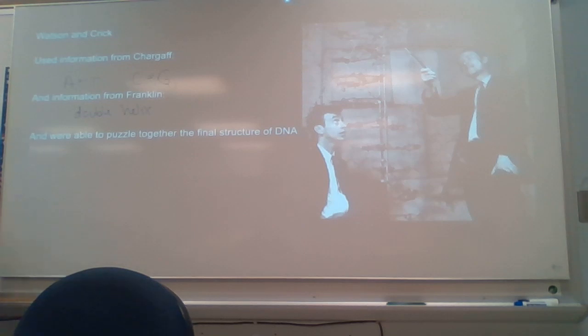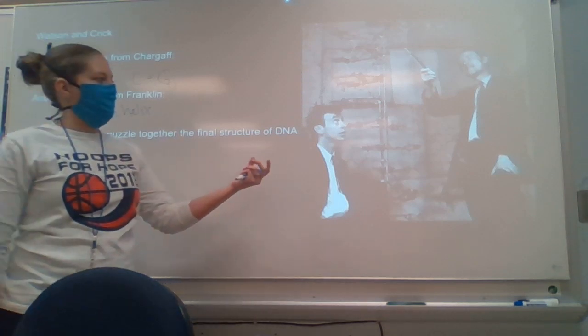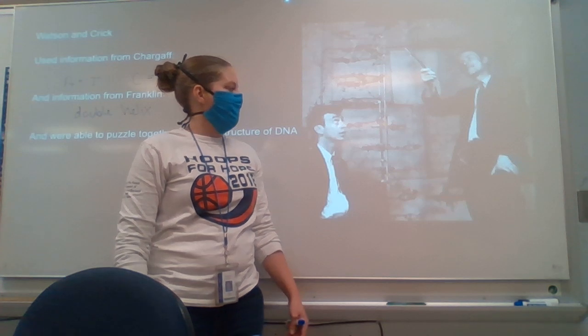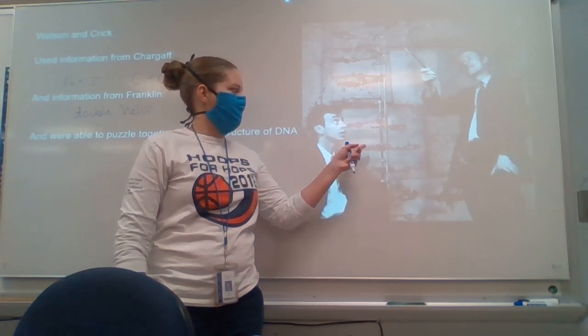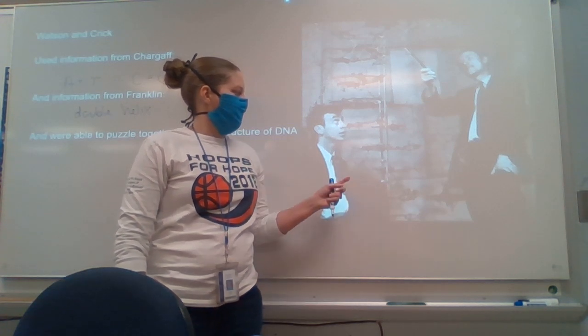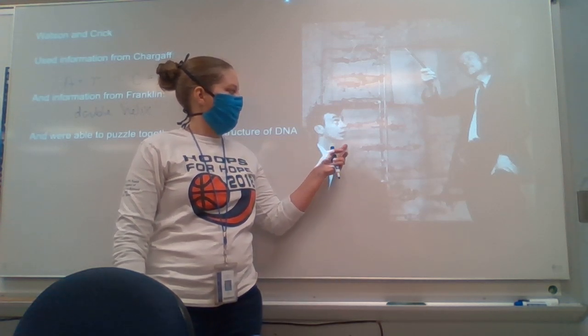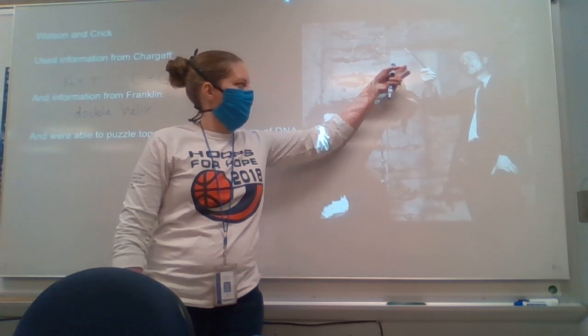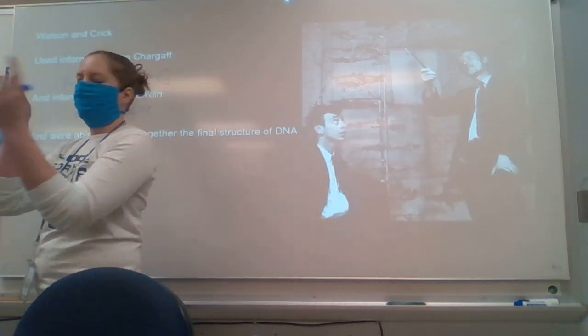That and another couple of things helped them put together this final structure: the bases are in the middle in those pairs, A and T and C and G, and the sugar phosphate portion of the nucleotides make up the sides of the ladder.